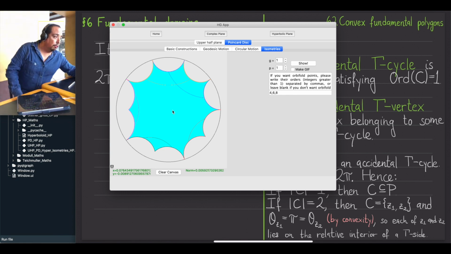So the angle subtended is 2 pi. So the angle sum at that gamma cycle is 2 pi.